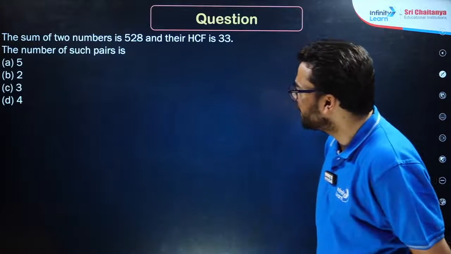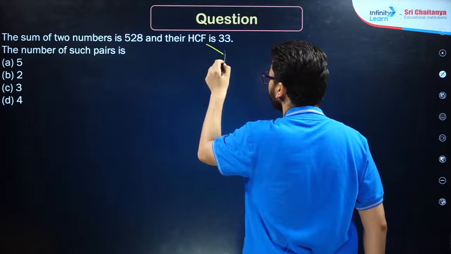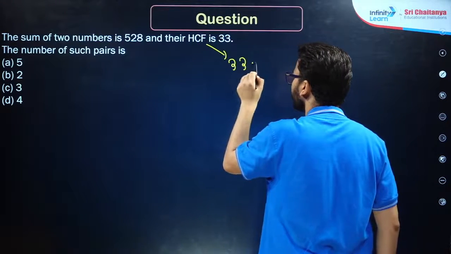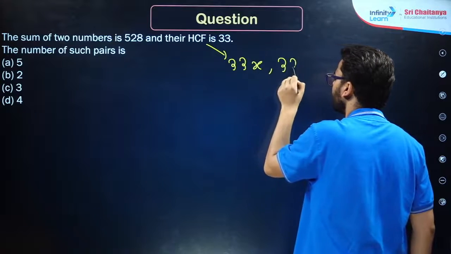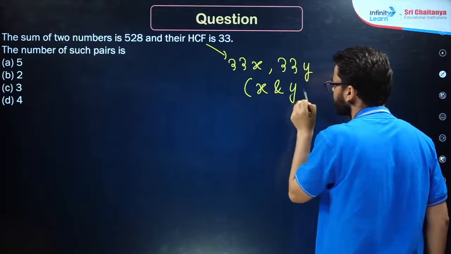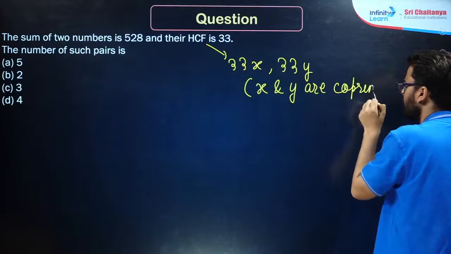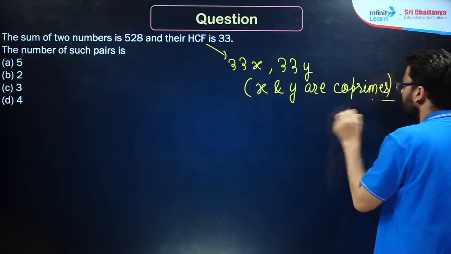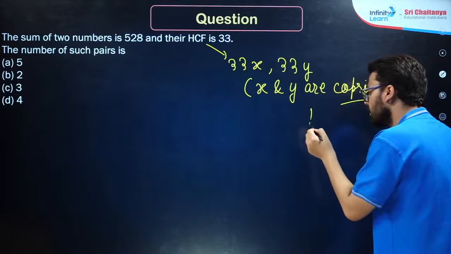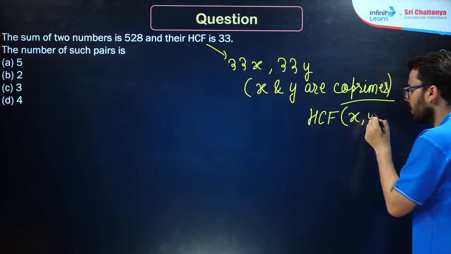So you see, suppose the HCF is 33, so can we assume the numbers to be like this, 33x and 33y, where x and y are co-primes? Can we do that? Co-prime means what? Two numbers are co-prime, it means their HCF is equal to 1.